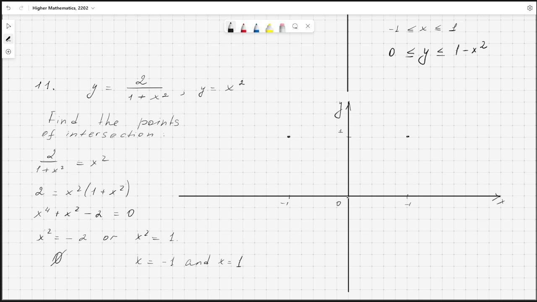If x is 0, y is 2. Maybe here we have 1.